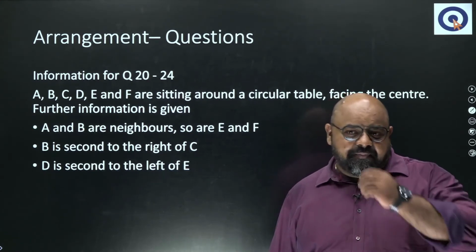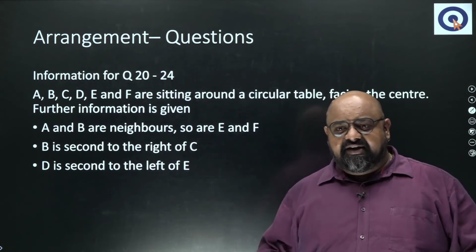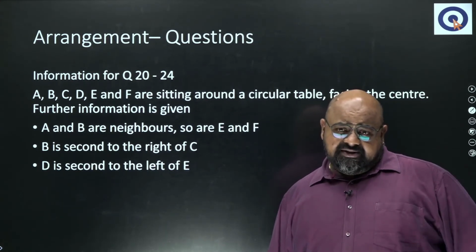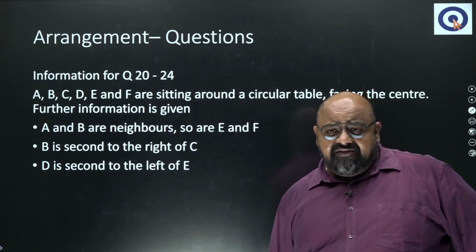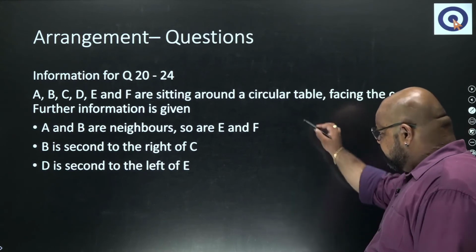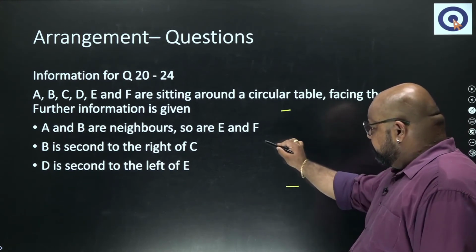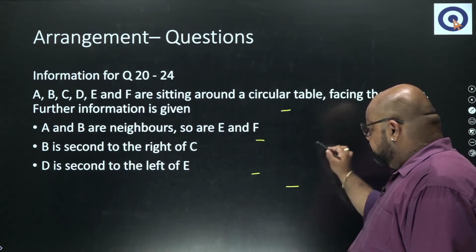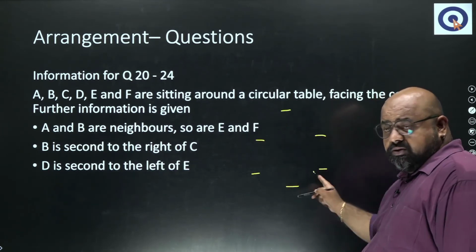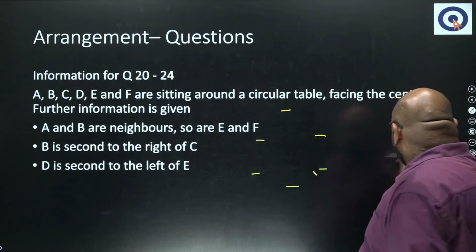Where do I start from? Now with neighbors, left and right is not known, so the first statement does not seem like something I would want to start with. I'll start with the second statement. B is second to the right of C. 6 people. Opposite, opposite, opposite, just so you know.